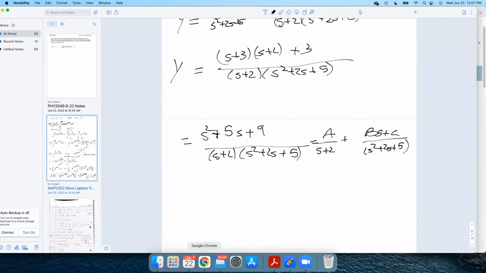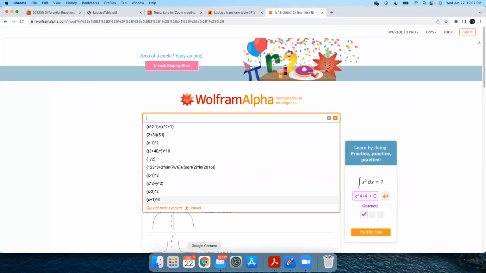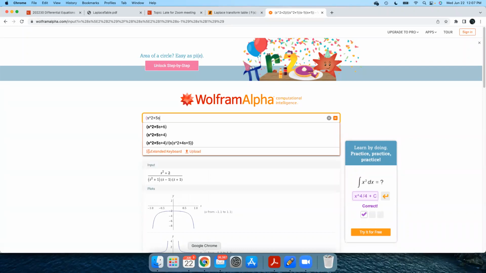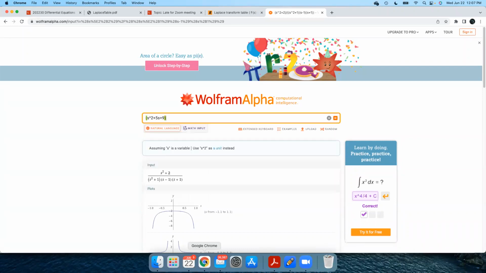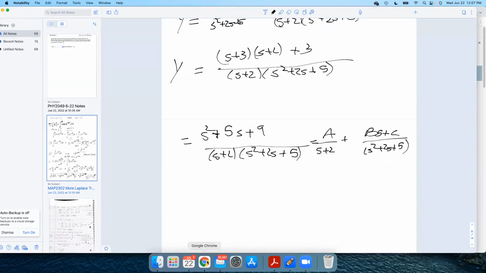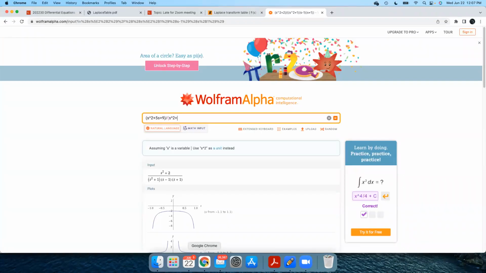Well, we got S squared plus 5S plus 9 divided by, and I need double parentheses here. I had the S squared plus 2S plus 5. And then what was it?